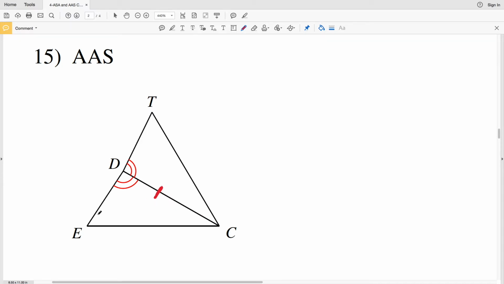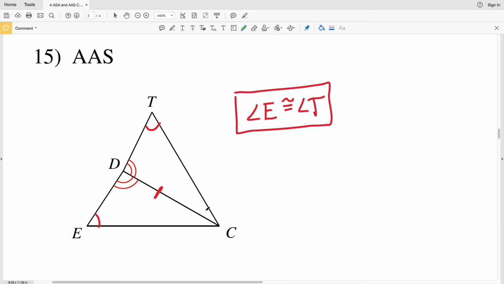So the angles that need to be congruent are angle E and angle T. If this angle DCE was marked congruent to angle DCT, then this would be ASA because that side would be included. That's why angle E is congruent to angle T for a reasoning of AAS.